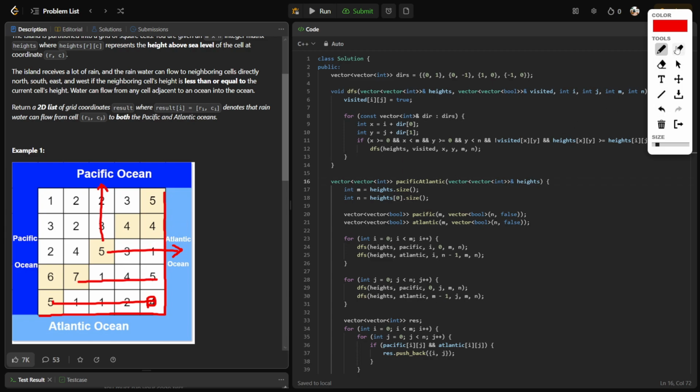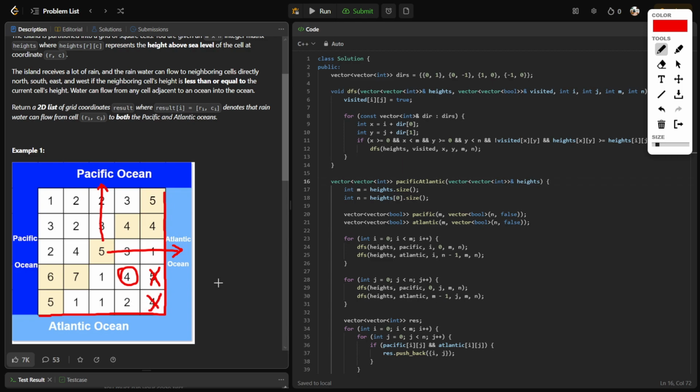Not sure whether I'm making sense, but if we look over here, this 5 and 4, these two cells cannot flow into 5 and 4, because the land here is lower than the land over here.